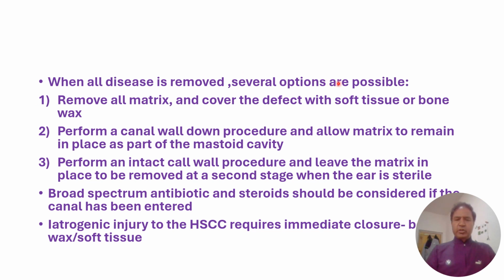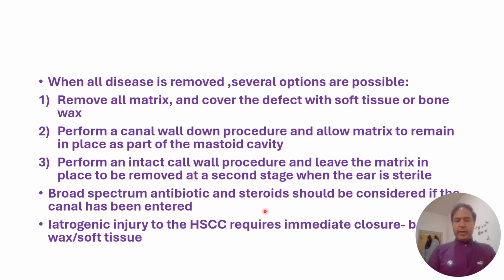When all disease is removed, several options are possible. Remove all matrix and cover the defect with soft tissue or bone wax. Perform a canal wall down procedure and allow the matrix to remain in place as part of mastoid surgery. Or perform an intact canal wall procedure and leave the matrix in place to be removed at a second stage when the ear is sterile.